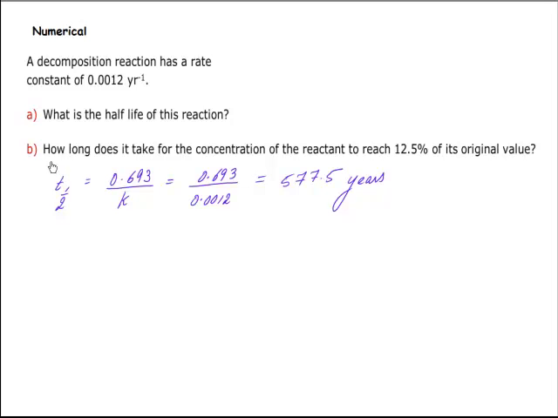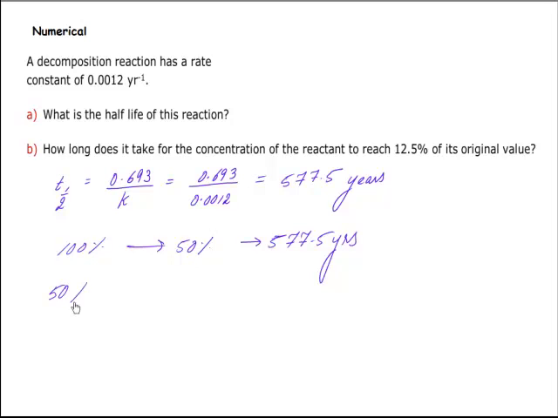Now the second part of the numerical is quite elementary. How long does it take for the concentration of the reactant to reach 12.5% of its original value? So from 100% to 50%, it takes one half-life, which is 577.5 years.